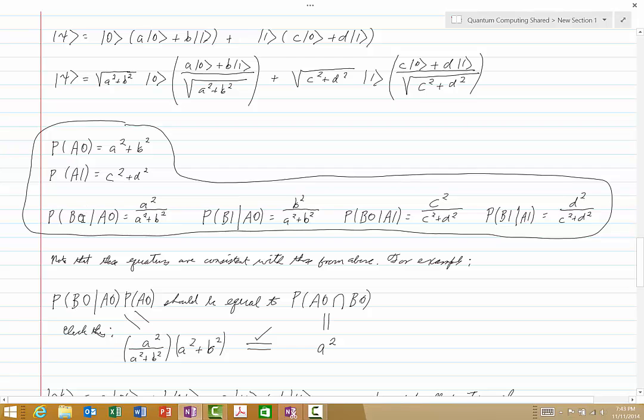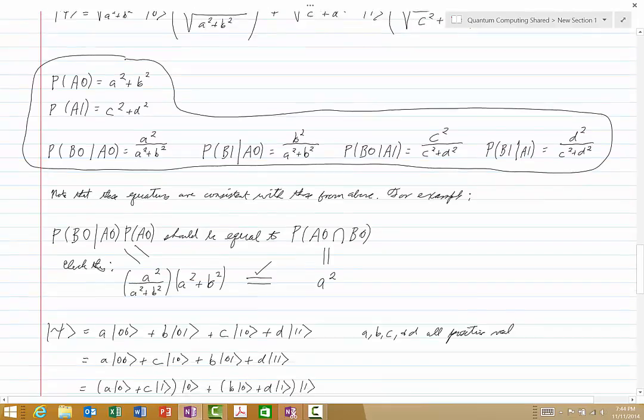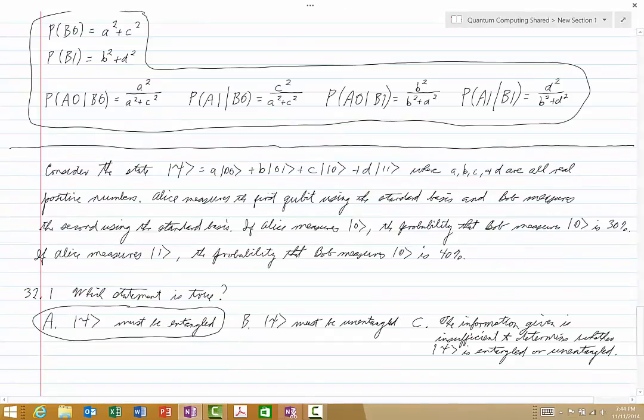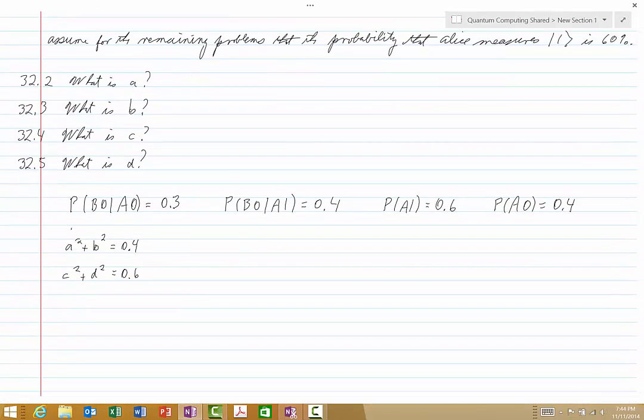P of B0 given A0 is A squared over A squared plus B squared. So A squared over A squared plus B squared is 0.3.